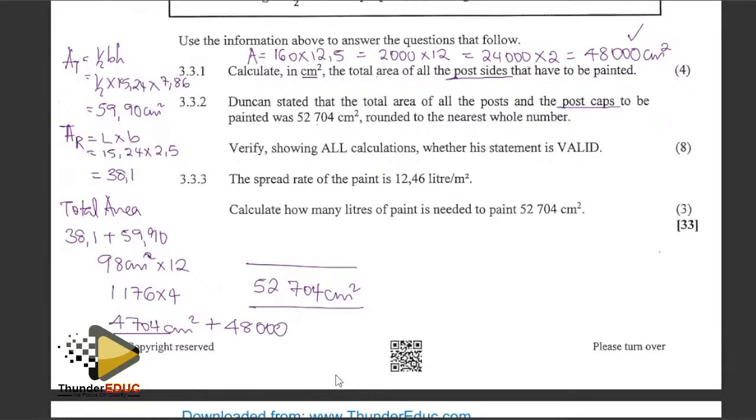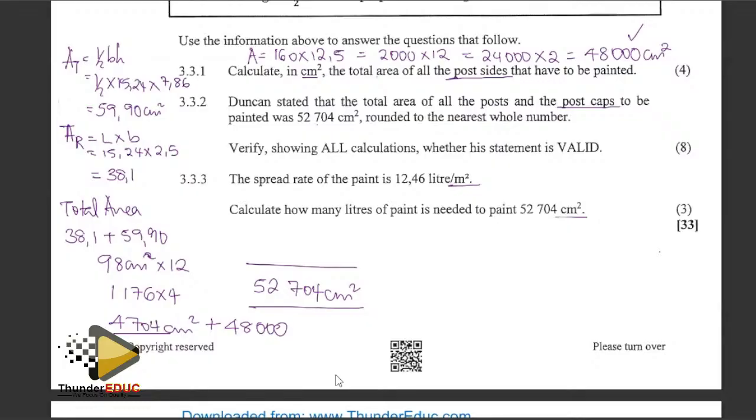3.3.3. The spread rate of paint is 12,46 liters per meter squared. Calculate how many liters of paint is needed to paint. Now, take note of this. We have per meter squared. These are centimeters squared.